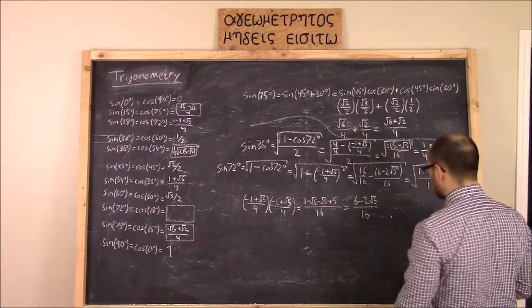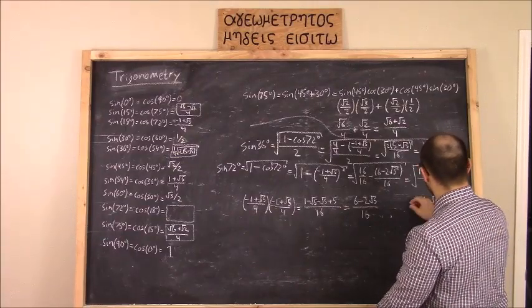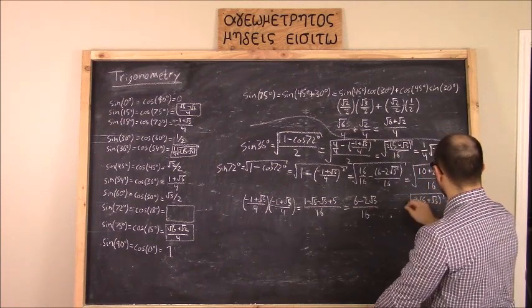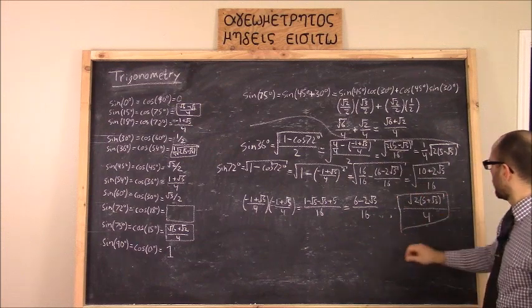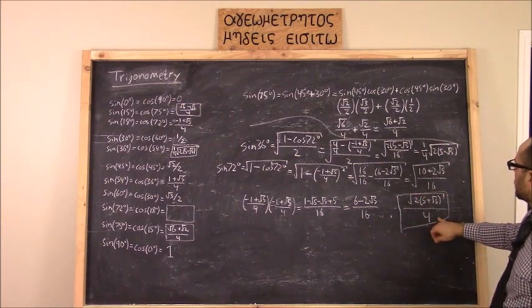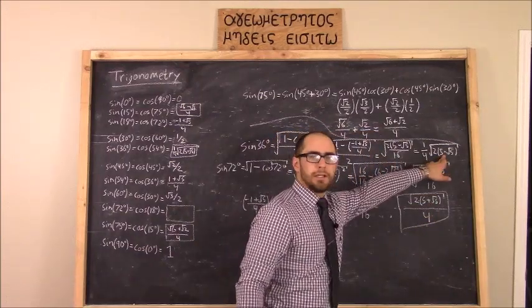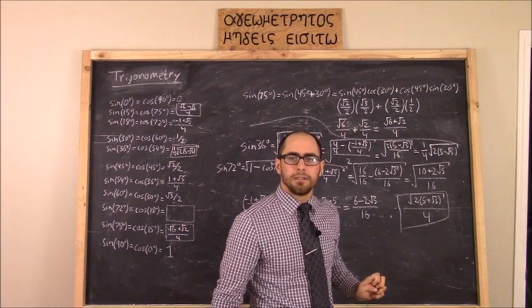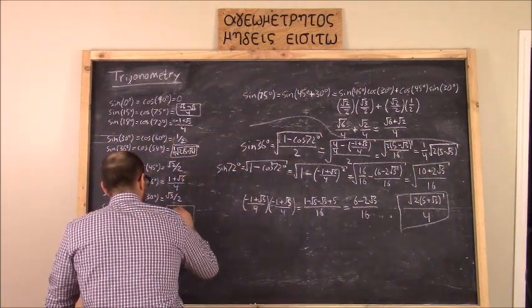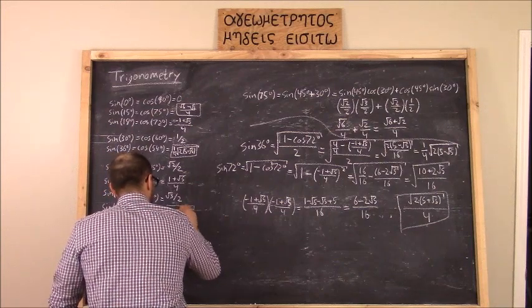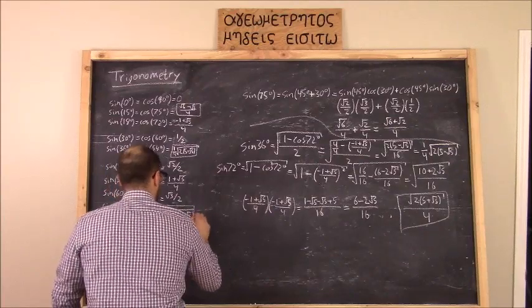I can factor out a 2. 2 times 5 plus root 5. I can take the square root of that. Square root of 16 is 4. So I'm left with a very similar looking answer. The only difference is a positive versus a negative sign. Isn't that interesting? So let's write it down here. 1 over 4 times the square root of 2 times 5 plus square root 5.